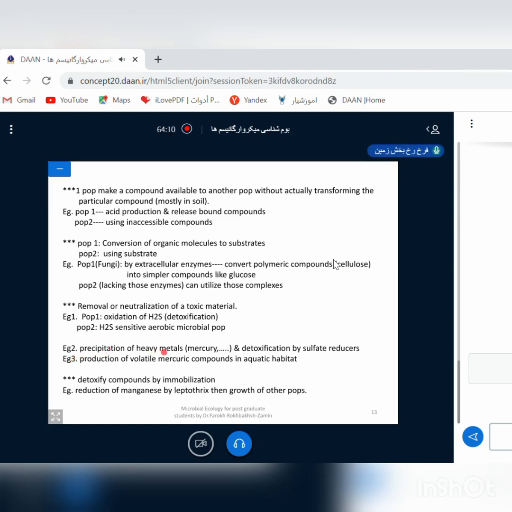Example 2, precipitation of heavy metals. When heavy metals are present in the water, they can kill many microbes. So one population can precipitate them, so make the water clean. So it is detoxification. It can be done by populations such as sulfate reducers.